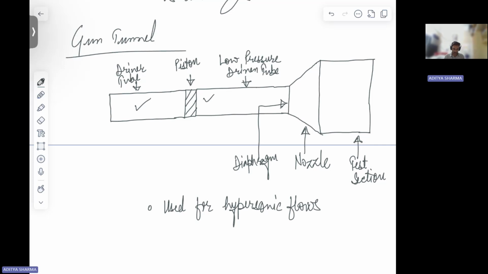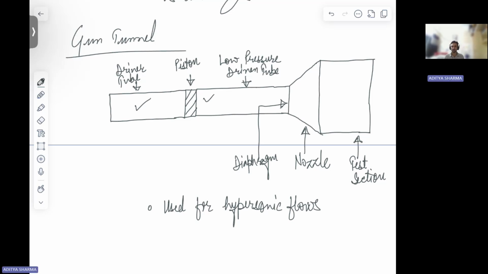But then this shock, or this pressure wave that has been generated from the piston, when it reflects from the diaphragm, right, it will move towards the piston, right? And moving towards the piston, again it will reflect from the piston towards your nozzle. Okay. So once this pressure wave reaches the nozzle, right?